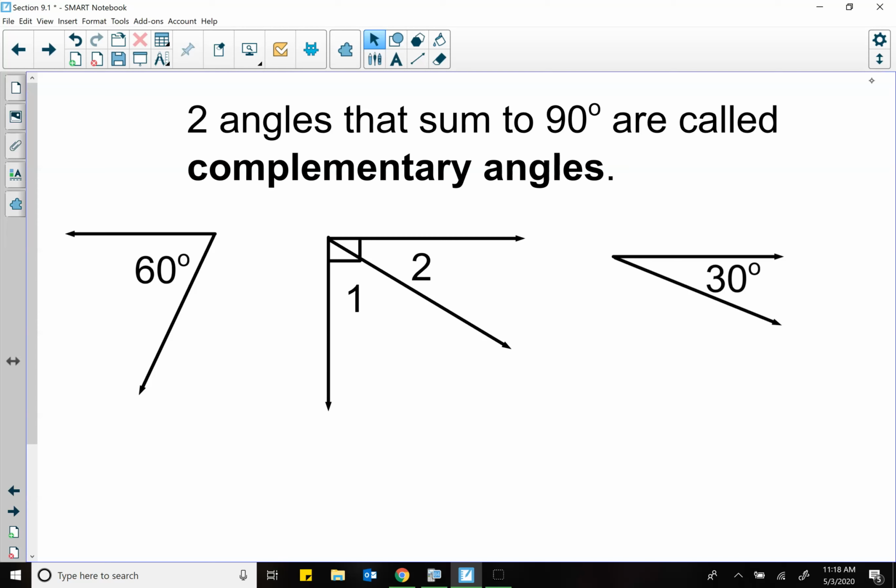Two angles that sum to 90 degrees are called complementary. The angles can touch, like what you see right here, forming that right angle. They can touch, but they don't have to, like the 60 degrees over on the left and the 30 degrees over on the right. These two angles are complementary because 60 degrees plus 30 degrees is 90 degrees.